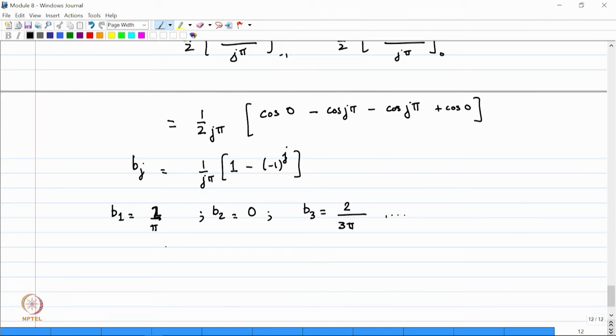and so on. So, basically I can write f of x is equal to 2 by pi, sine pi x plus sine 3 pi x by 3 plus sine 5 pi x by 5, and so on.